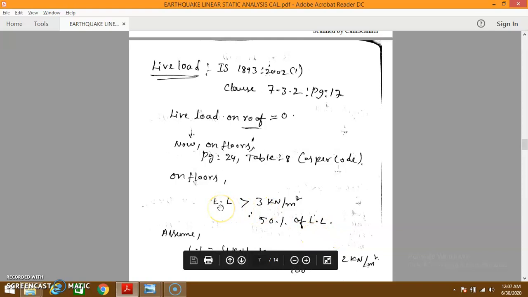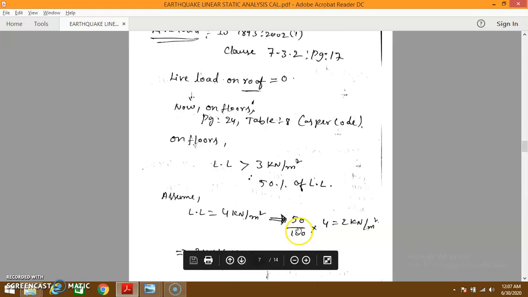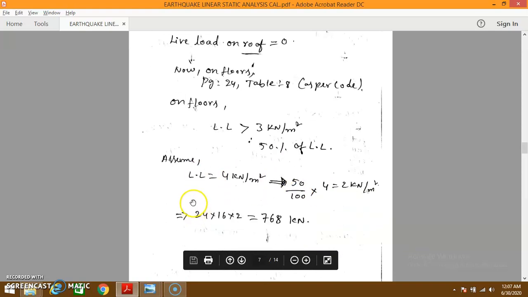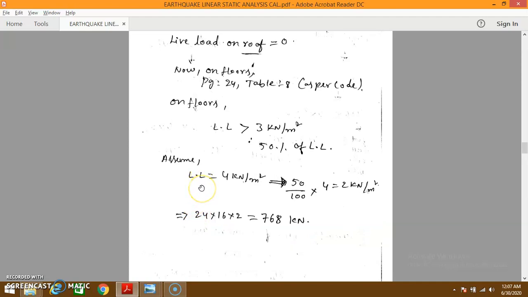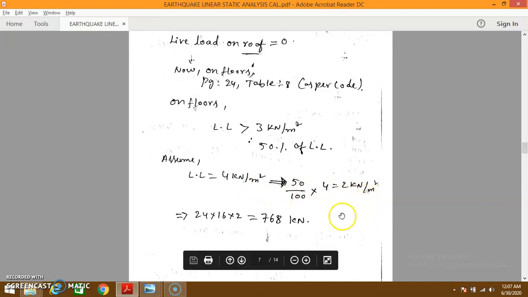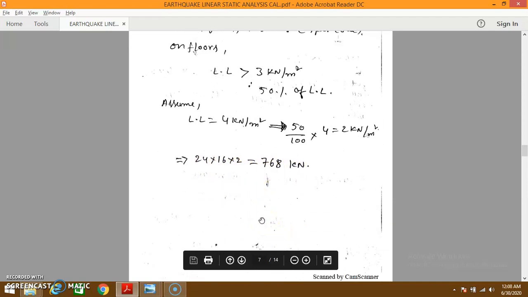In this problem, the live load value given is 4 kilonewton per meter square, so 50/100 into 4 equals 2 kilonewton per meter square. The total building area 24 into 16 into 2 kilonewtons equals 768 kilonewtons, the live load only on floors.